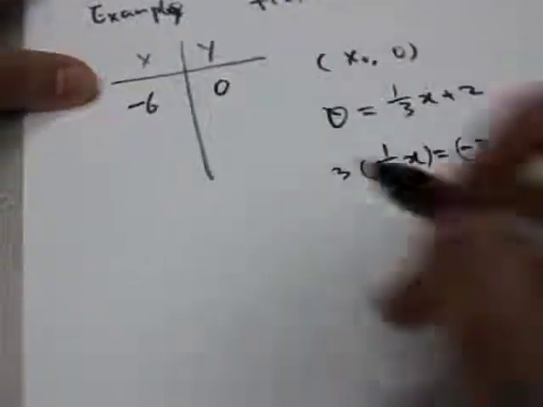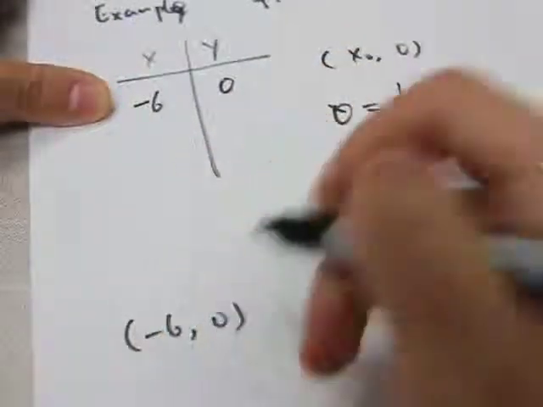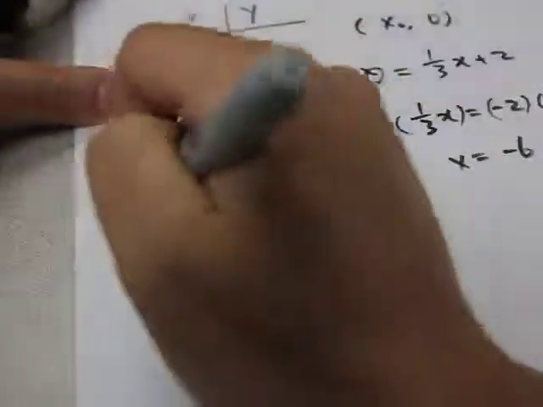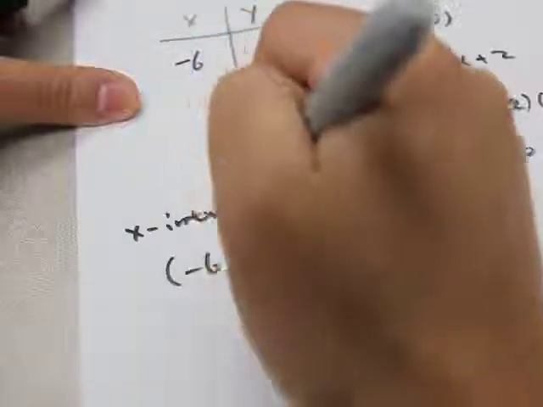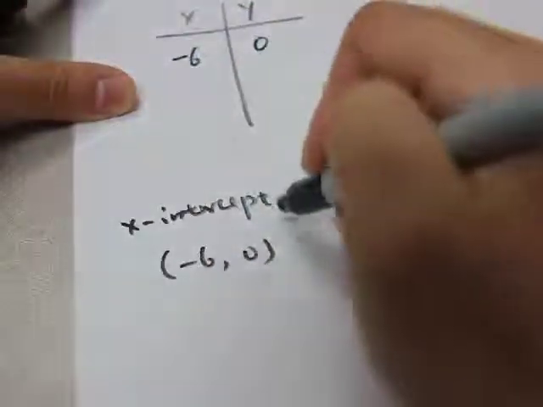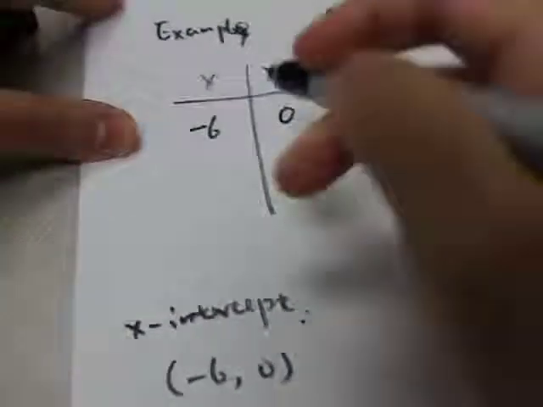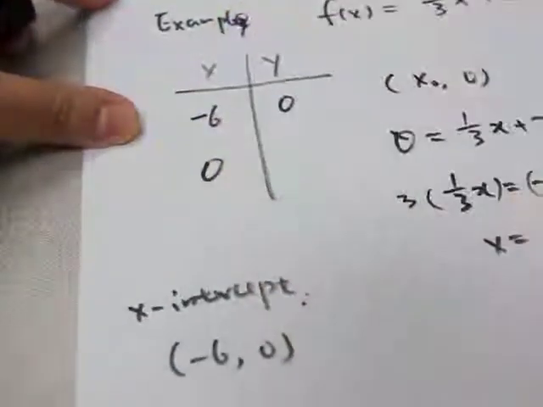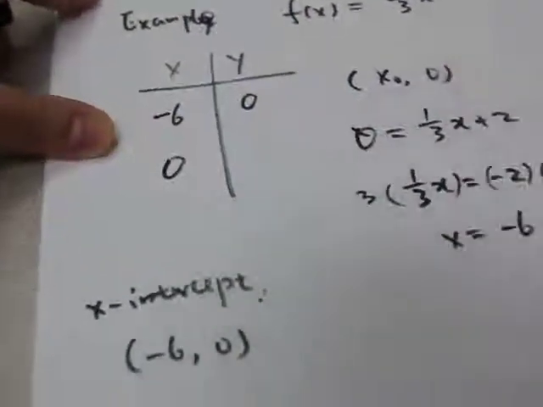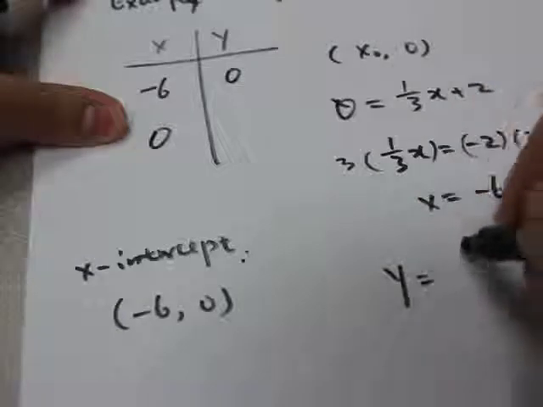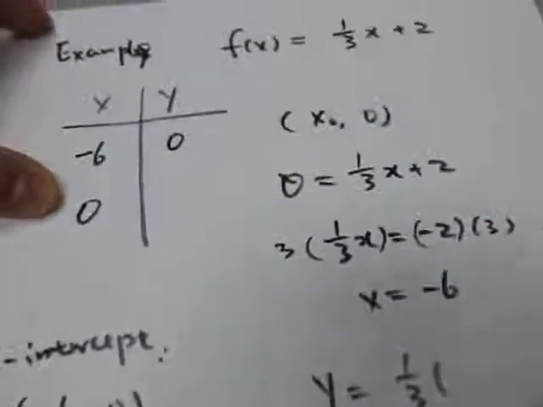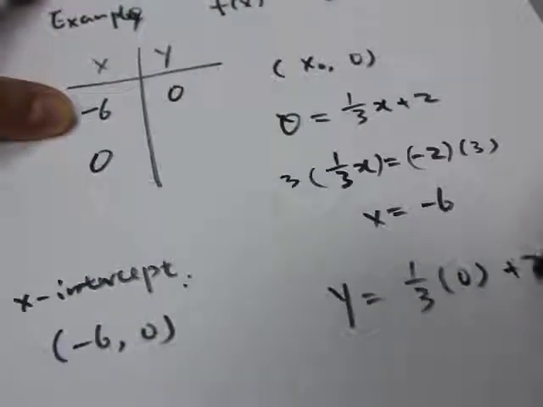Okay, so the x-intercept is the point (negative 6, 0). And then to find the y-intercept, we let x be 0. Now if x is 0, y is 1/3 times 0 plus 2.